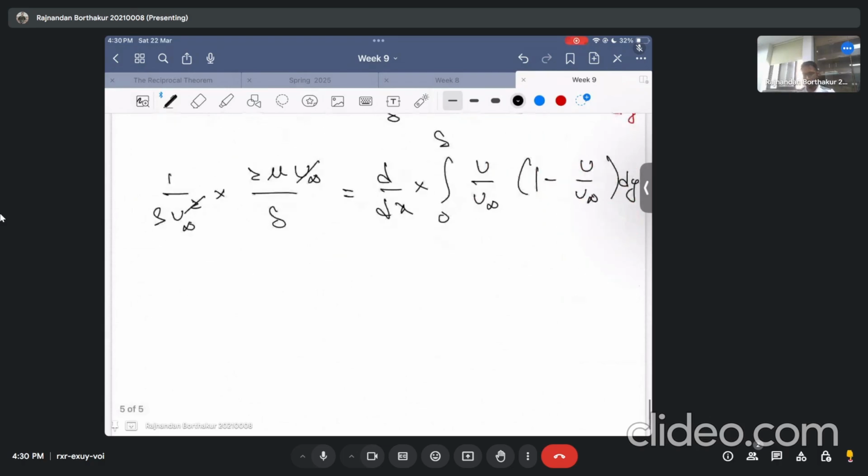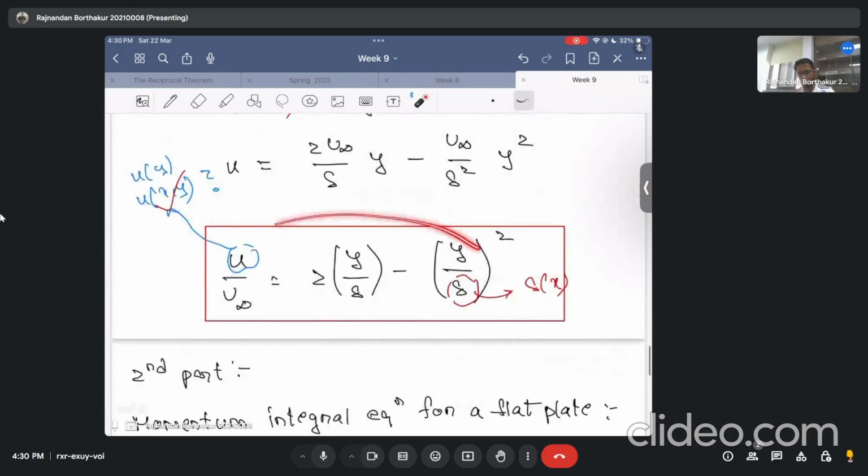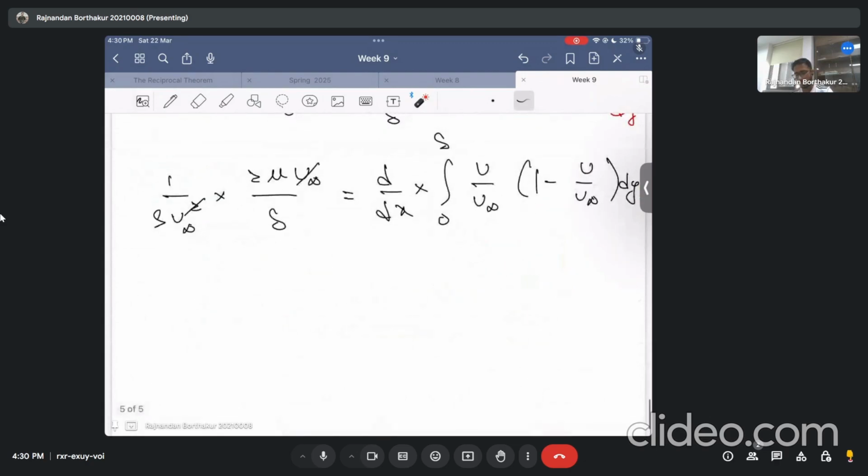Okay. So now all you need to do is evaluate this integral. That's it. Because we know what u by u infinity is: it is 2 times y by delta minus y by delta squared. So we just need to substitute it here and do the integration.